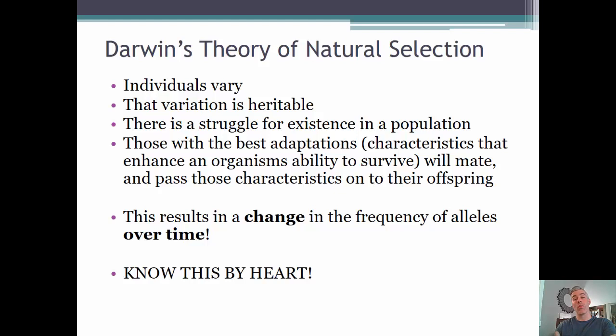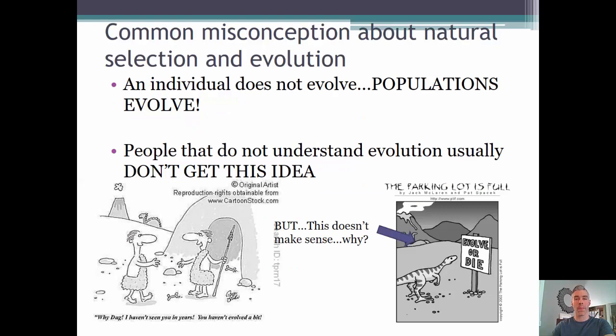So Darwin thought, what if nature did the selecting instead of us humans, which we clearly saw could cause significant change over time with dog breeds and different breeds of cows and apples and things like that. Okay, so this process results in the change in frequency of alleles over time and thus evolution. So you want to make sure you know this by heart.